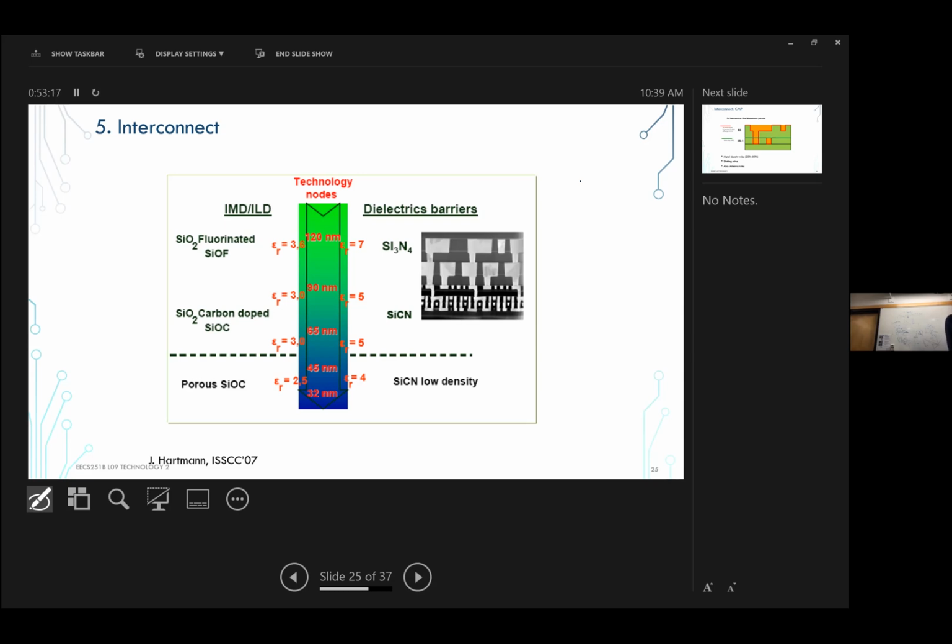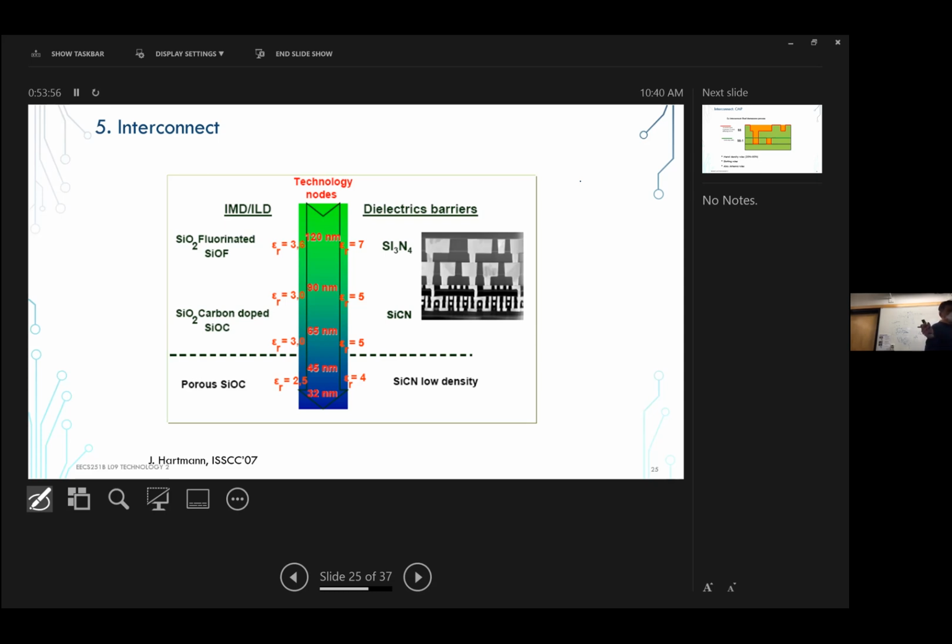Now, with the interconnect, there are two things that matter. We want less resistance and less capacitance. Speaking of capacitance, we want less epsilon r, which means going in the opposite direction from the choice of oxide that we made for the transistors. Remember, all the oxides in the CMOS process were SiO2.